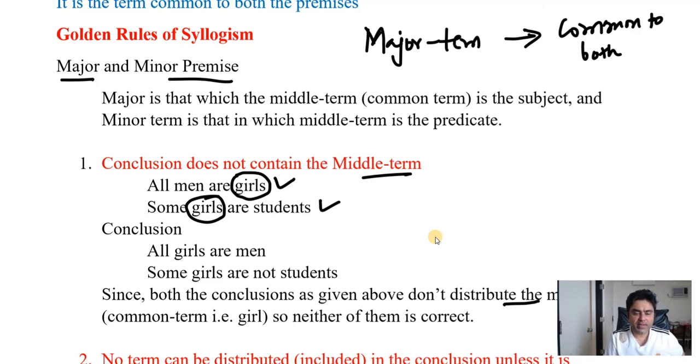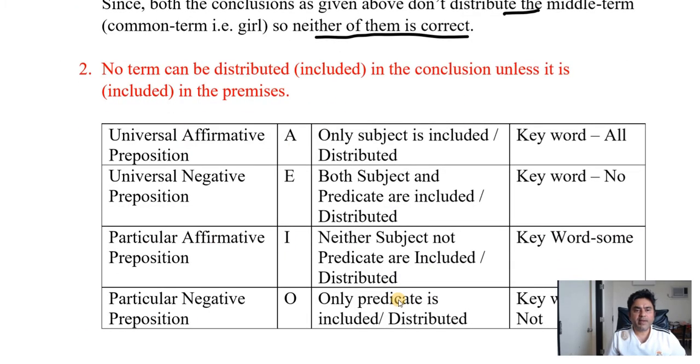So let's say if it is a universal affirmative proposition, then which part will be included? Only the subject is included. If it is a universal negative proposition, both subject and predicate are included. If it is a particular affirmative proposition, neither the subject nor the predicate will be included. In a particular negative proposition, only the predicate is included.